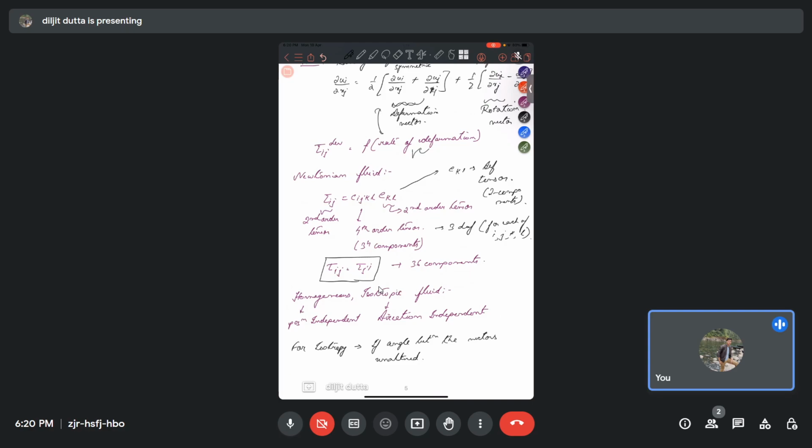Symmetric means what? Tau ij is equal to tau ji. So in that case, the number of components will be reduced to only 36 components.